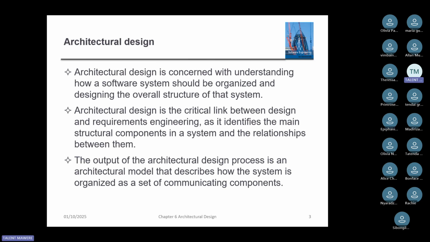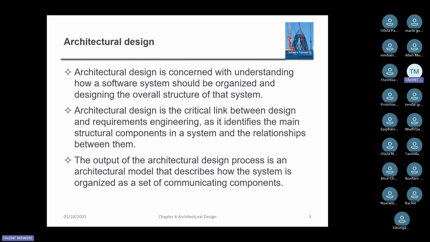What is architectural design? Architectural design is concerned with understanding how a software system should be organized and designing the overall structure of that particular system. So it provides a link between design and requirements engineering, as it identifies the main structural components in a system and the relationship between them.